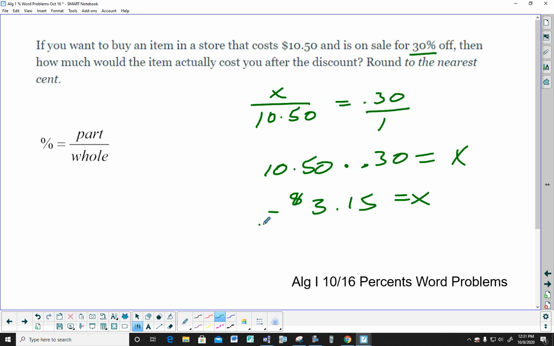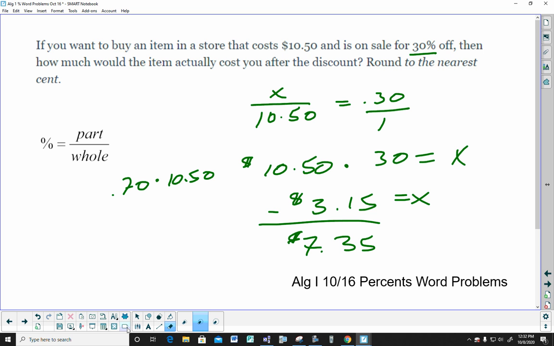So you have to subtract these two. So 10.50 minus 3.15 is $7.35. Okay? Another way to think of it, if it's 30% off, that means 70% remains. 70% times the 10.50 rather than by the 0.3.